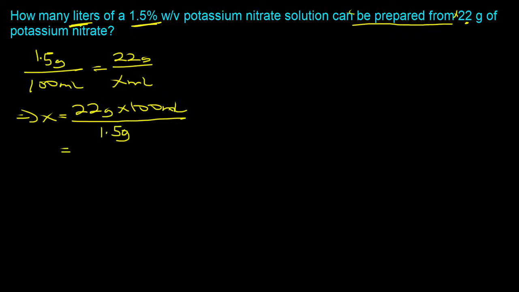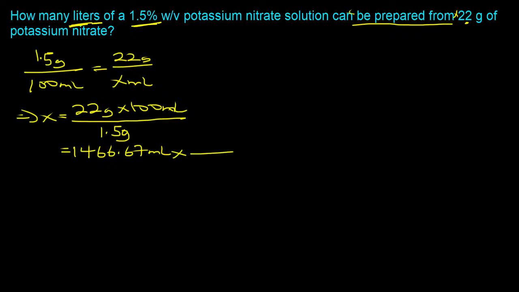And this gives us 1466.67 milliliters according to my calculator. Now we can't stop here because the answer should be in liters, so we need to do a quick conversion.